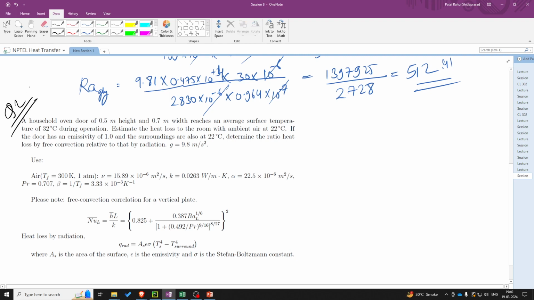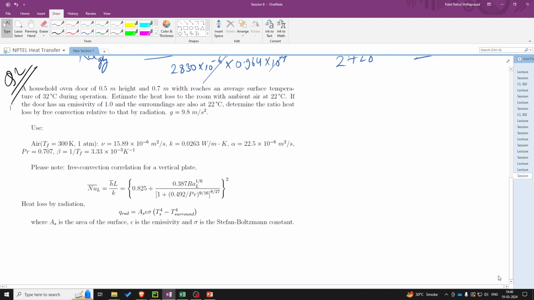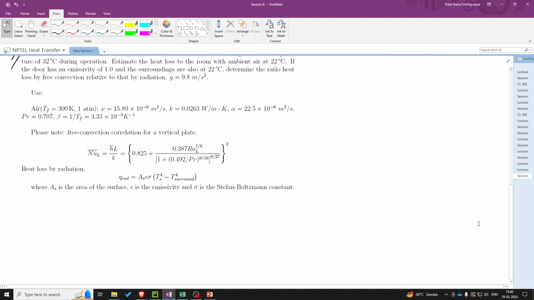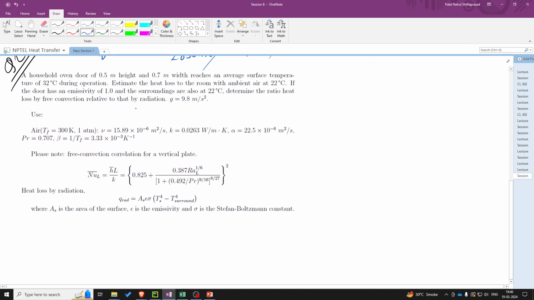This is question number 2. Just to get an idea of the sketch, we have been given an oven door of height 0.5 meter and width 0.7 meter, and this reaches an average temperature of 32 degrees Celsius.